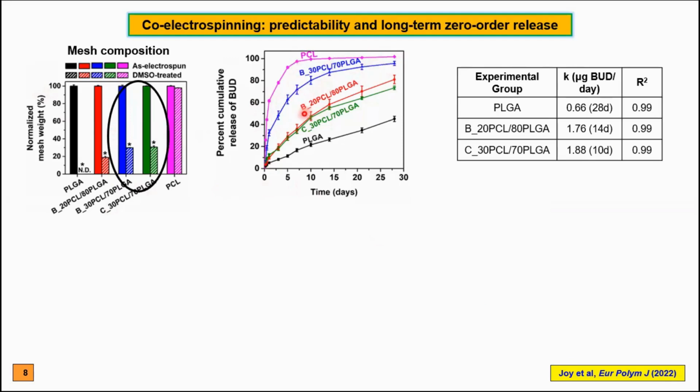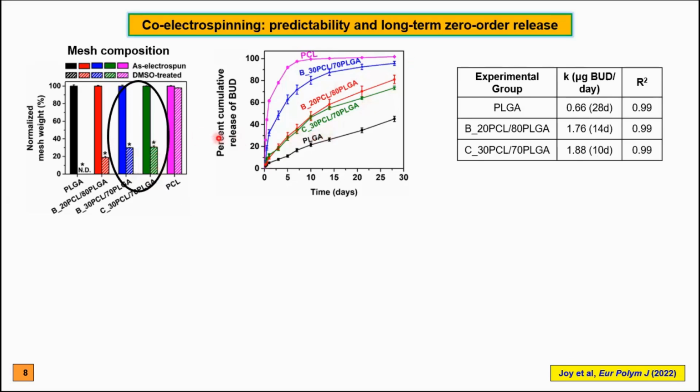The question we asked is, can we keep the PCL-PLG ratio the same and still get lower burst release? So we co-electrospun such that we get the PCL-PLG ratio to be the same in the co-electrospun sample. This plot shows that the compositions have not changed, except that one is a blend and the other is a co-electrospun sample.